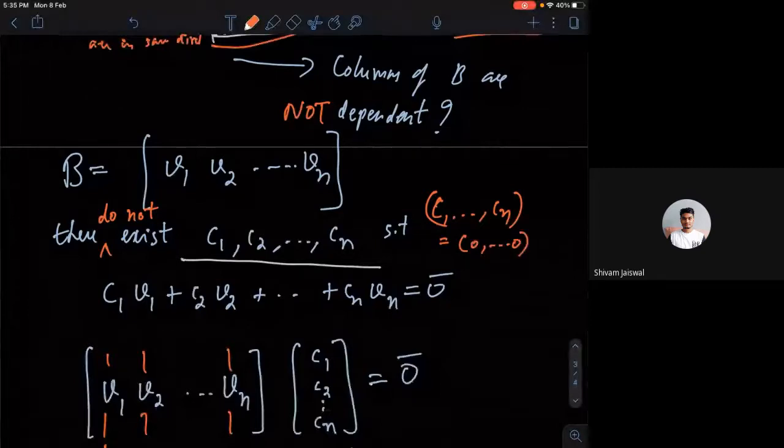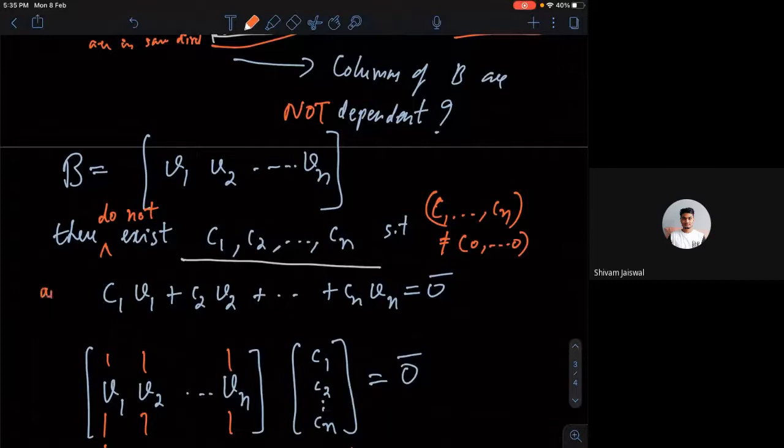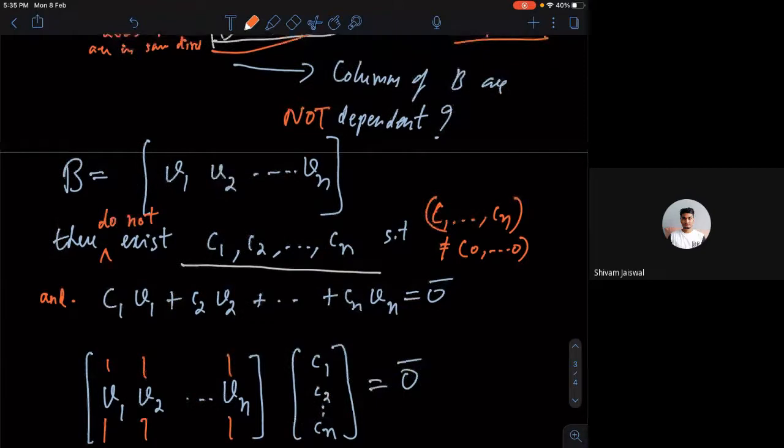This entire thing is not 0. So if columns of B are not dependent, then the only way you can make this 0 is by taking all the C's to be 0. That's the crucial factor. Now let's go back here again.